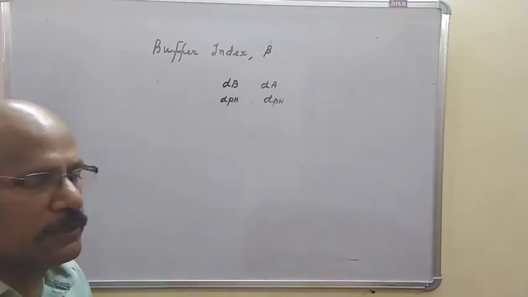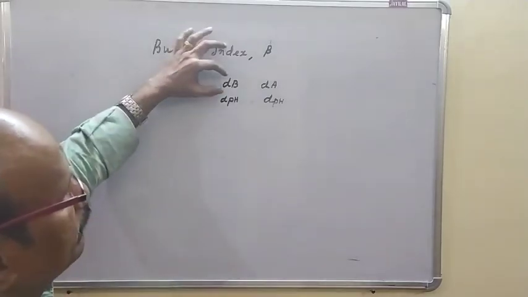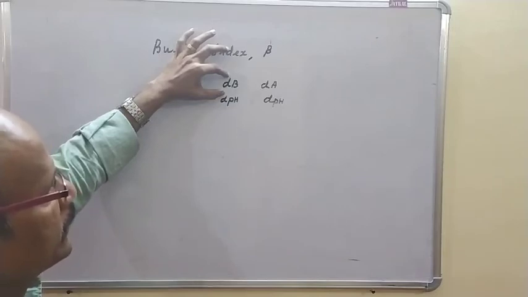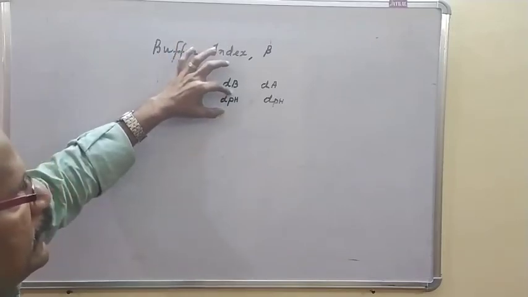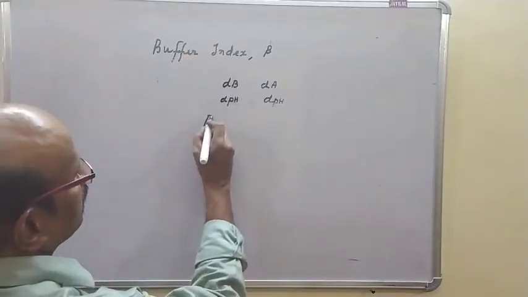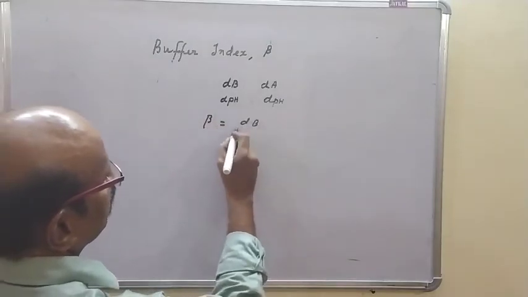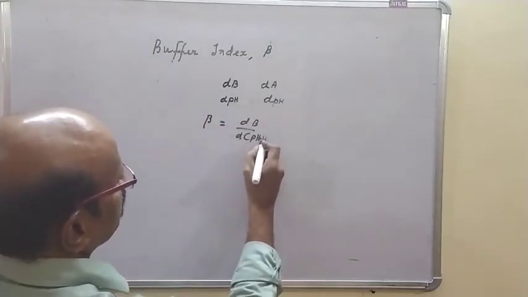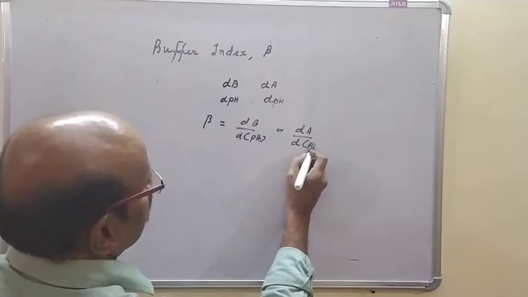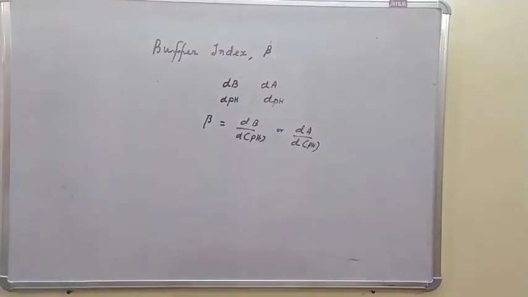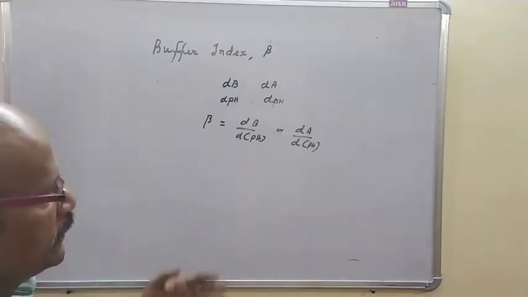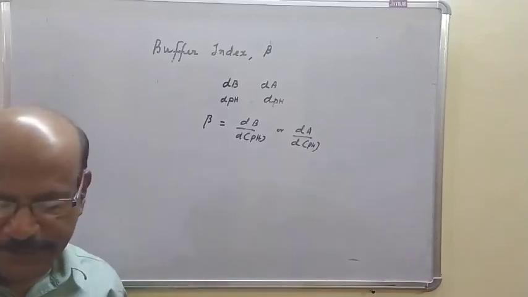Otherwise, it is a measure of the buffer capacity, defined as the differential ratio of the small increment of the acid or alkali added to the corresponding difference in the pH produced. Again, beta is equal to dB by dpH, or equal to minus dA by dpH, where dA or dB is the small amount of acid or alkali added, and dpH is the corresponding variation in the pH.